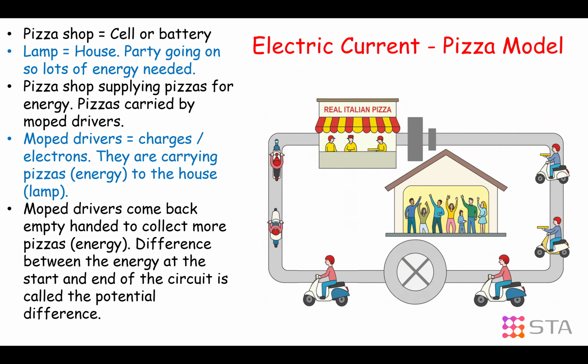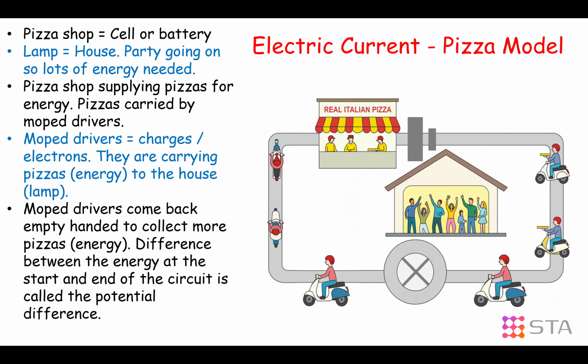So the pizzas are the energy, and just as energy is supplied by the electrons to the lamp, in the same way, pizzas are supplied by the moped drivers from the pizza shop to the house. The moped drivers are carrying pizzas to give energy to the house. In the same way, electrons are carrying energy to give to the lamp.